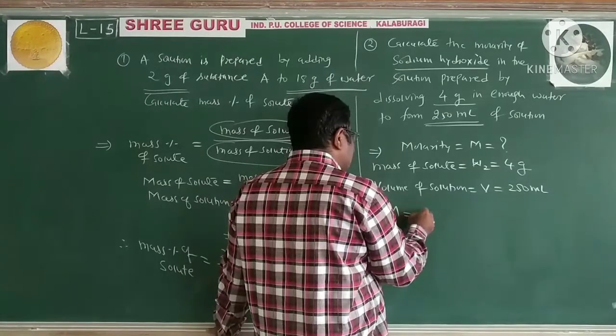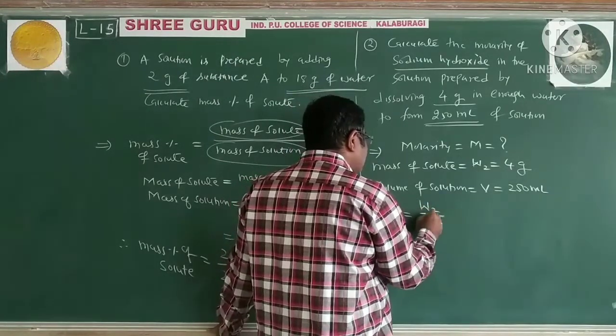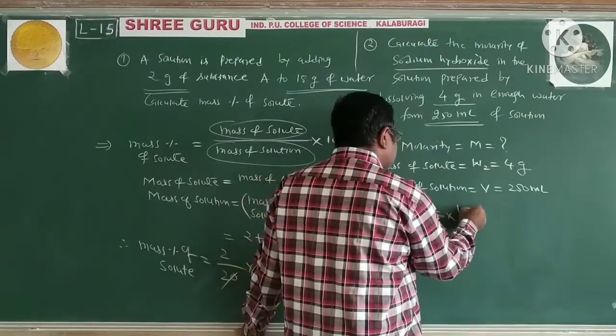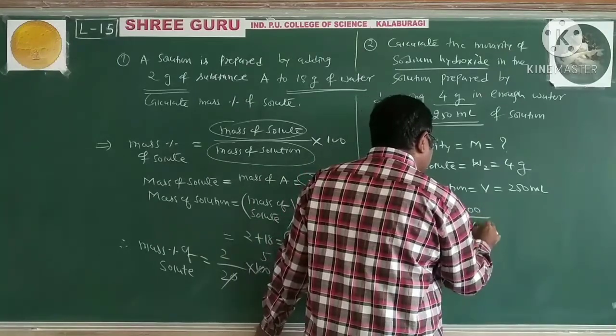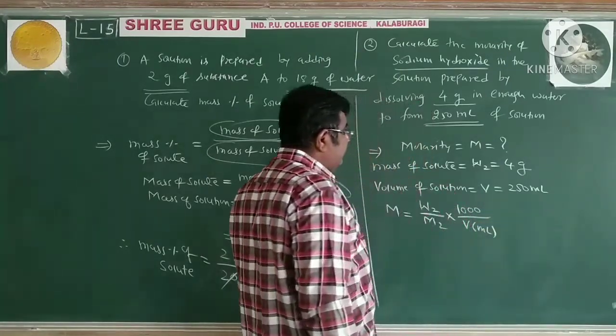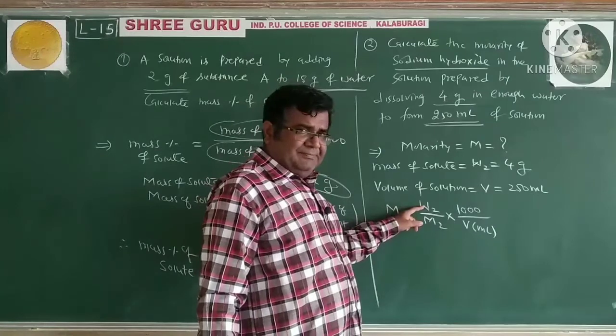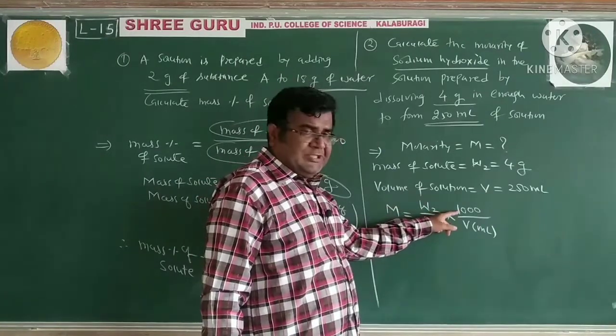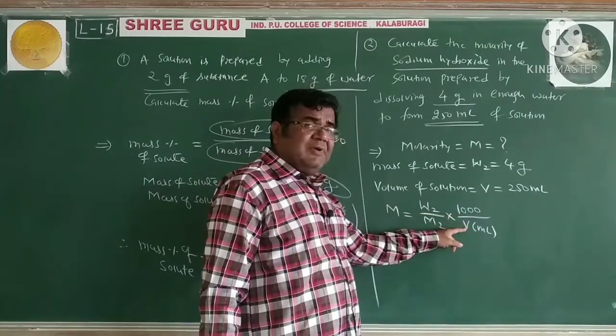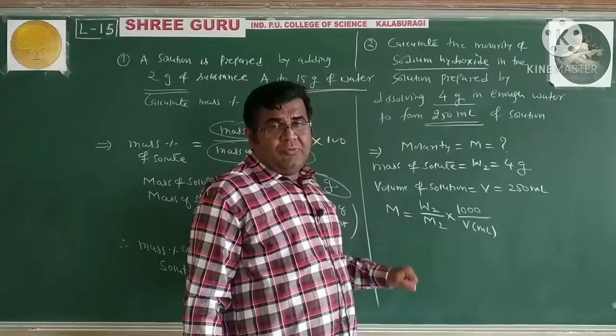Capital M equals to W2 by M2 into 1000 by V in milliliter. This term is given. 1000 is constant. V is given. M2 we have to calculate.